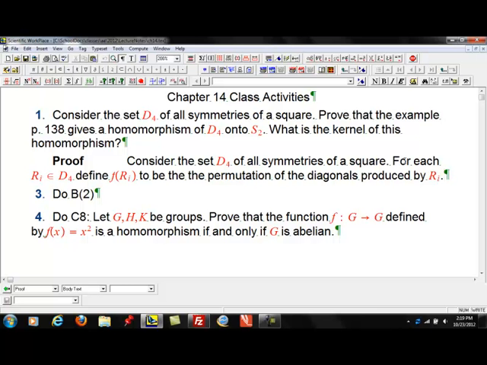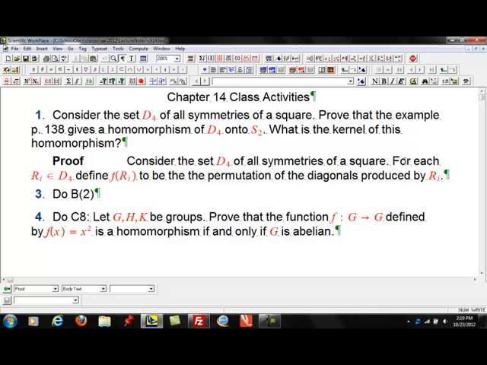Now, suppose we looked at 180 degrees, the rotation through 180 degrees. A now goes to C, B goes to D, and C goes to what? A. And D goes to B. The first diagonal went to the second and then went back to what? 1.